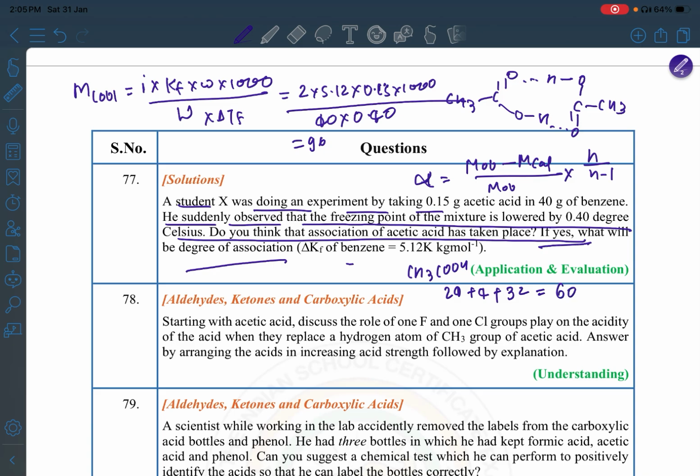Okay, so 96 minus 60, and 96 minus 60 upon 96, times 2 by 2 minus 1. So alpha is equal to 0.75. Okay.